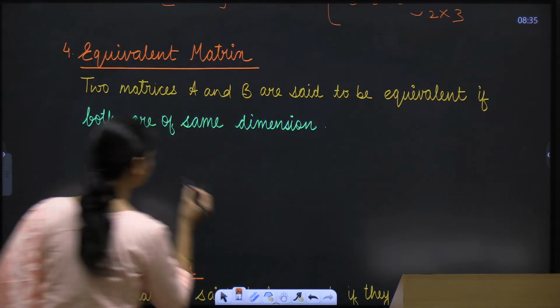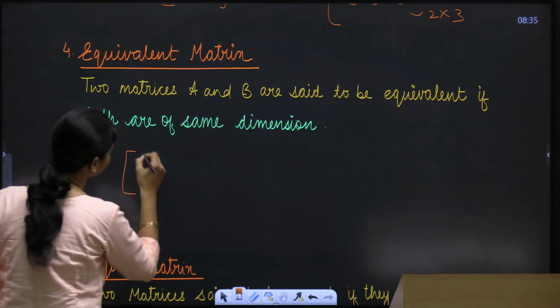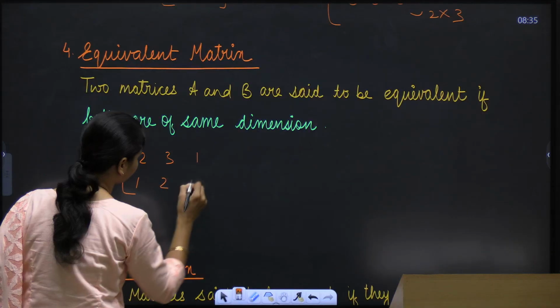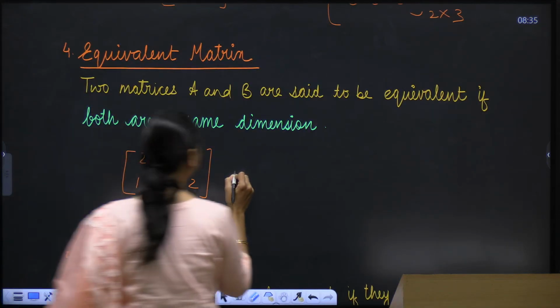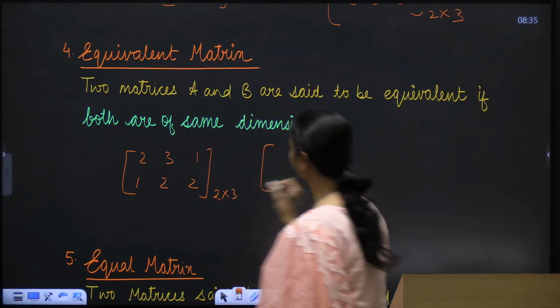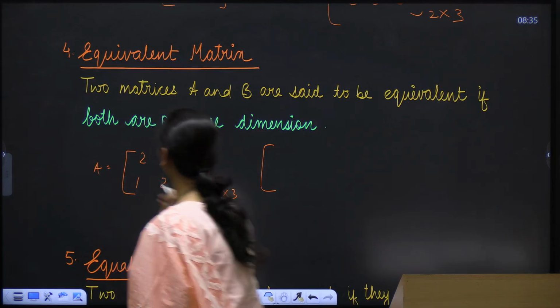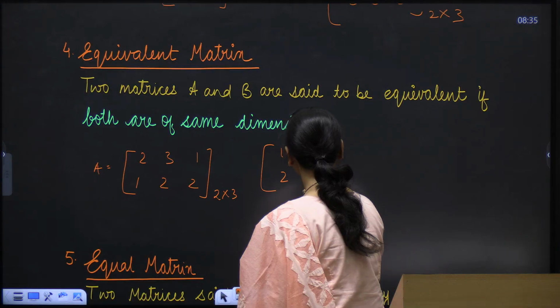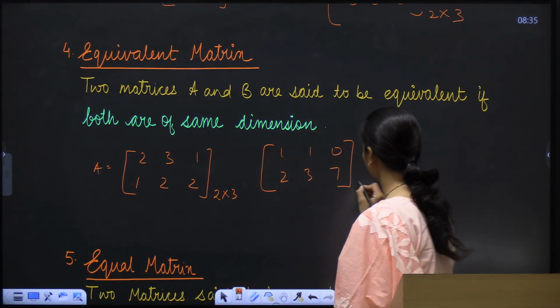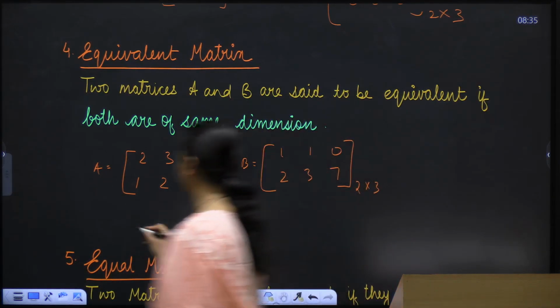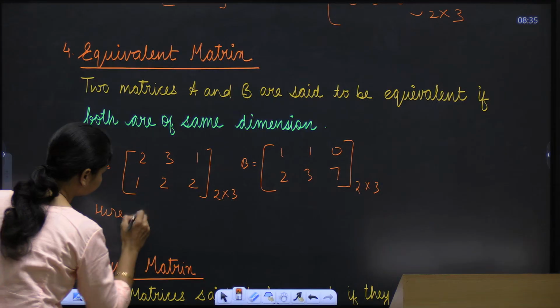So, for example, A with dimension 2 by 3 and B with dimension 2 by 3 are equivalent matrices.